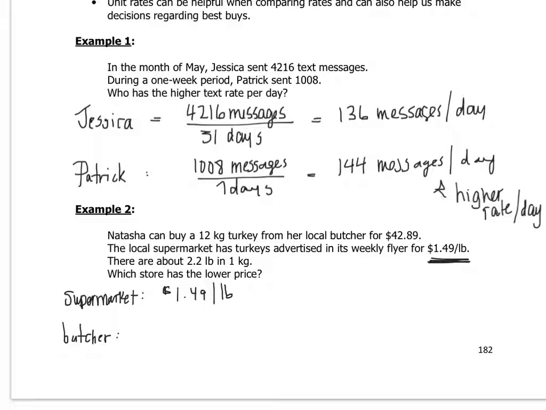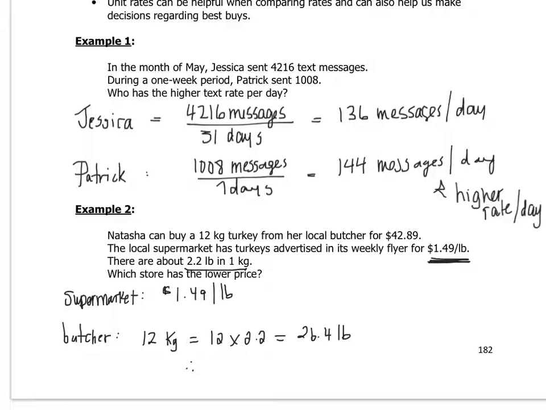So the first thing we need to do is change the 12 kilograms to pounds. Every kilogram has approximately 2.2 pounds, so 12 times 2.2, I think that's 26.4. So that's 26.4 pounds.